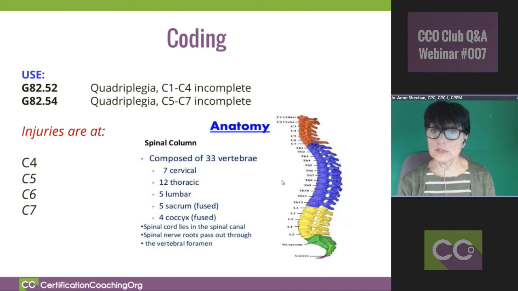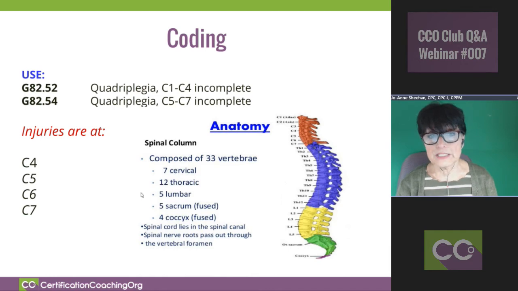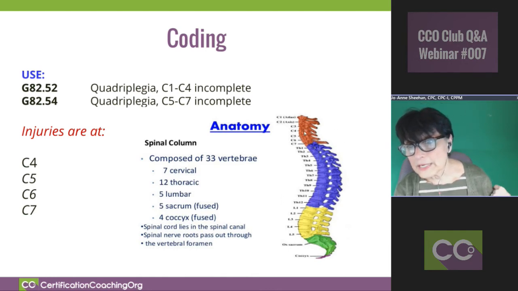You'll also see codes in there that say complete for this area, so make sure you pay attention to the incomplete. And then G82.54, quadriplegia, C5 through 7, incomplete. So the injuries are at C4, C5, C6, and C7. And here we have 4, 5, 6, and 7, all right here.